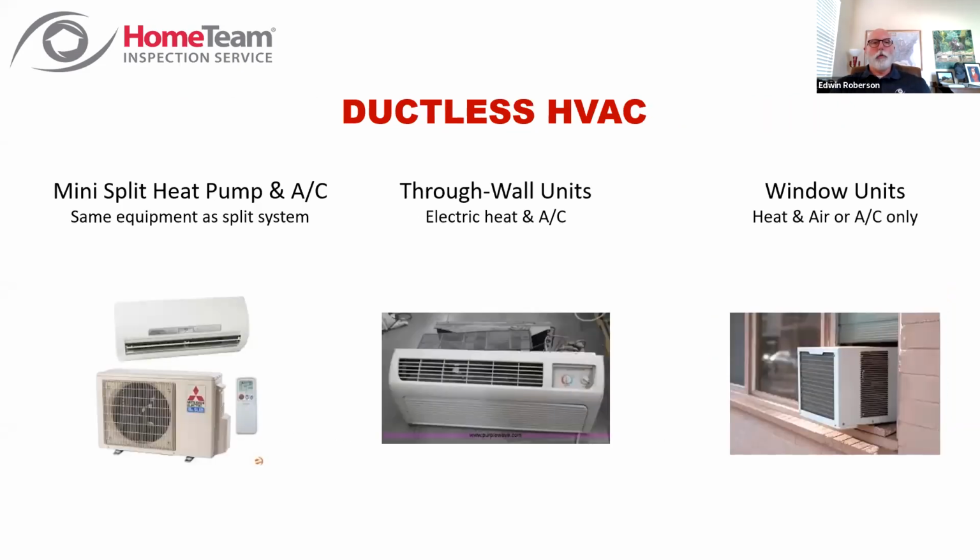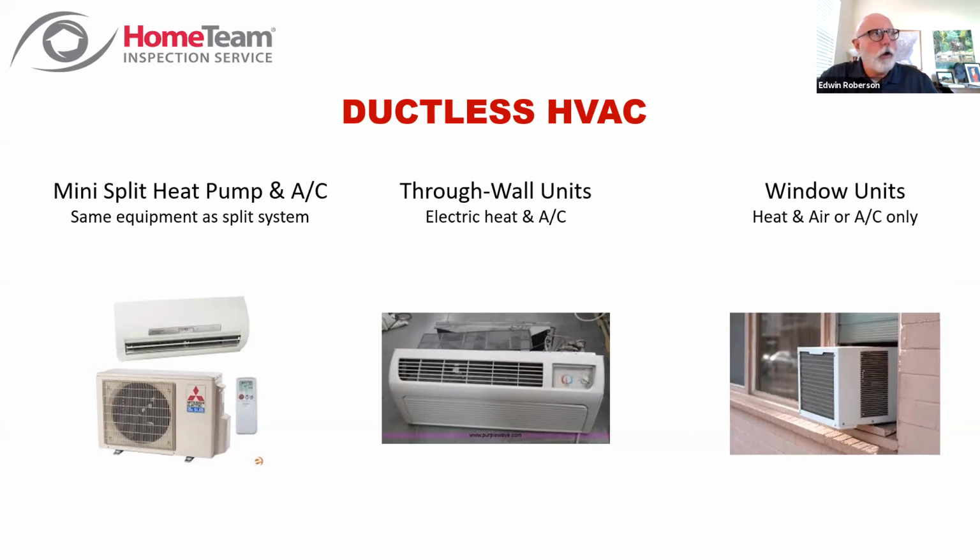And that leaves us with what's called ductless HVACs that we see in the area. On the left is a mini split. I'm sure most of you have seen or heard of mini split systems. That's the same equipment as a split system heat pump. The upper part of that photo is mounted on a wall indoors, and the lower part is outdoors, and all you've got then is refrigerant lines in between.